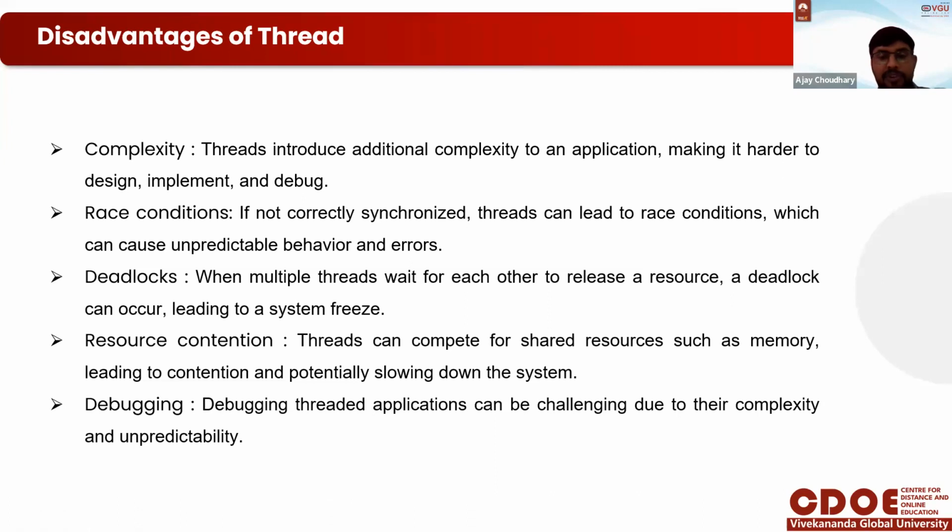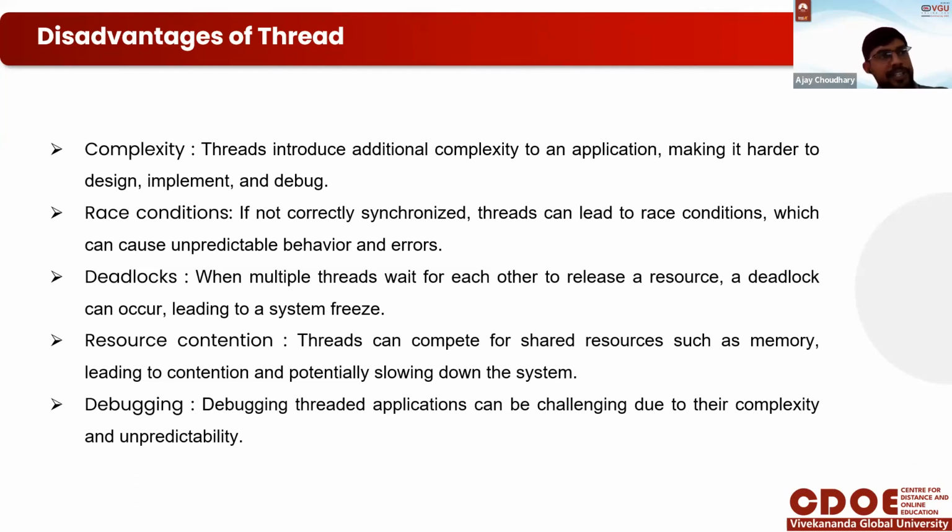Second, race condition. If not correctly synchronized, whenever two processes require the same resources and we don't synchronize these processes, it causes a race condition which can cause unpredictable behavior and errors. Third one is deadlocks. Deadlocks are a type of lock where multiple threads wait for each other to release resources.